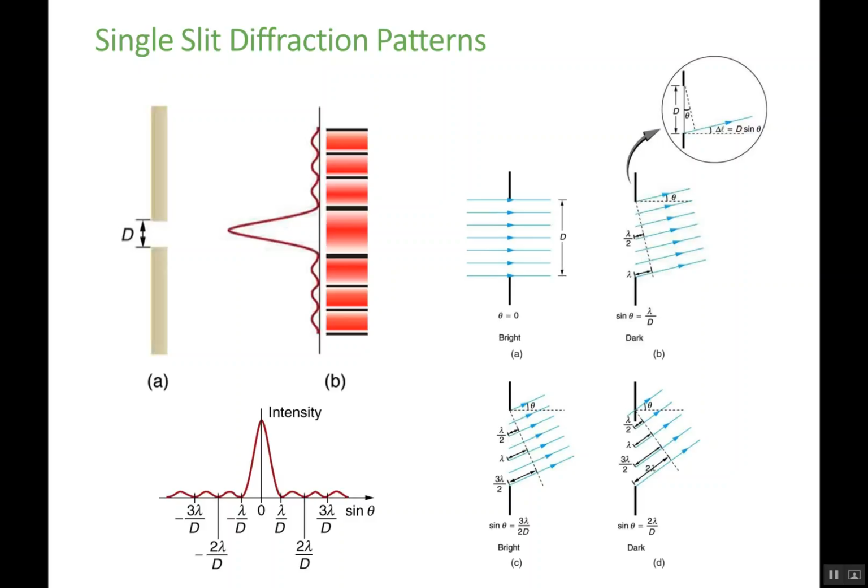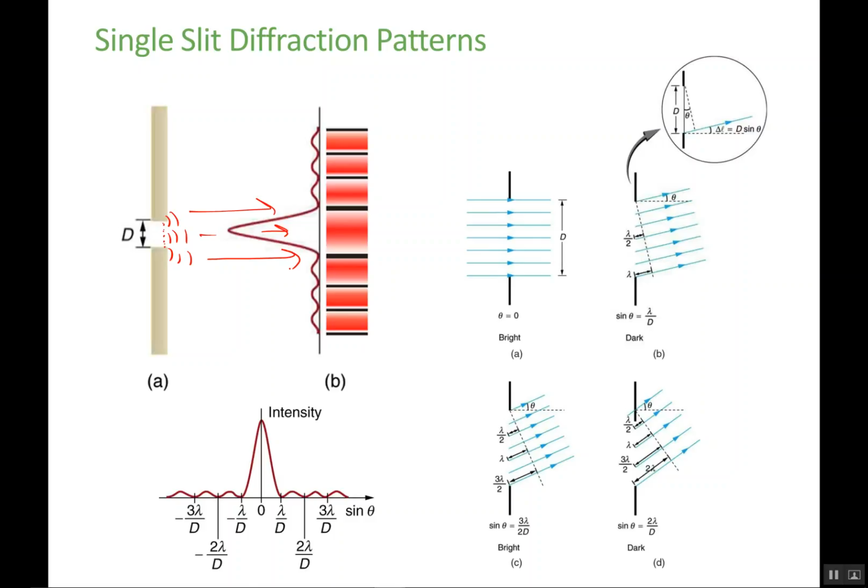And the reason this happens is because, according to the Huygens principle, the wavefront, as it passes through this aperture, every point along the wavefront can be thought of as a source for a new wave that then propagates out in all directions. And those waves from those various points along the length of the aperture can interfere with each other as they travel downfield and arrive on a screen.